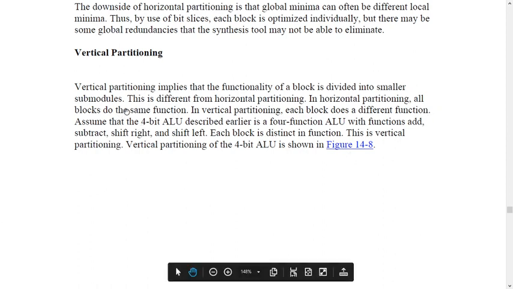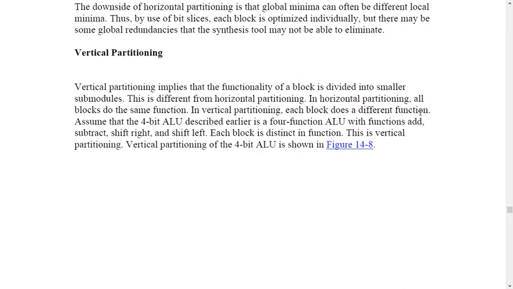All the blocks will do the same function, whereas in vertical, each block will do a different function. Assume that the 4-bit ALU described earlier has 4 functions: addition, subtraction, shift right, shift left. Each block is distinct in function. So this is vertical partitioning.